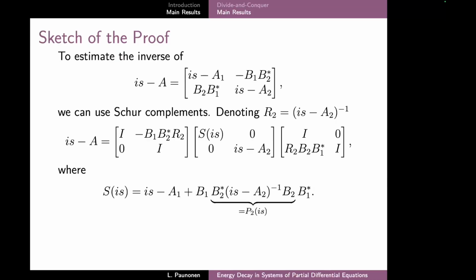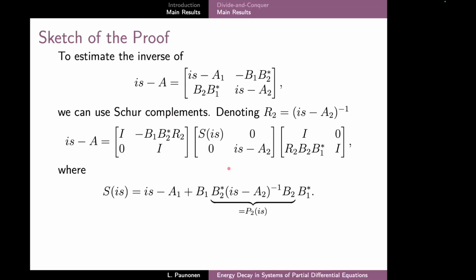So, starting with the analysis of the resolvent, we note that because we have this block structure also for sI minus A, we can employ the Schur complements in the analysis of its invertibility.